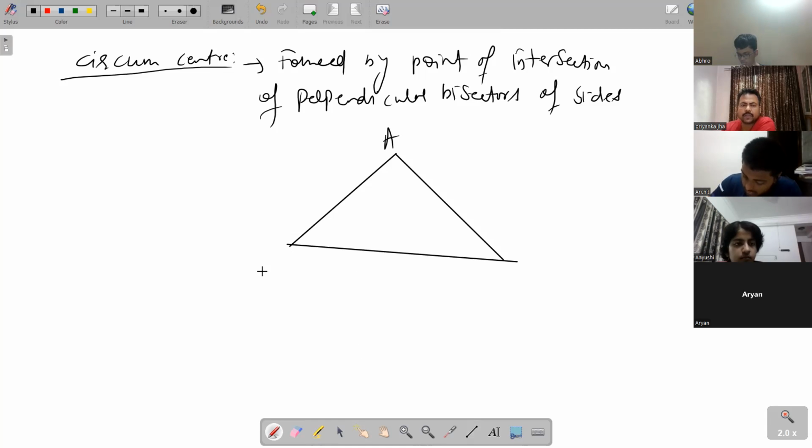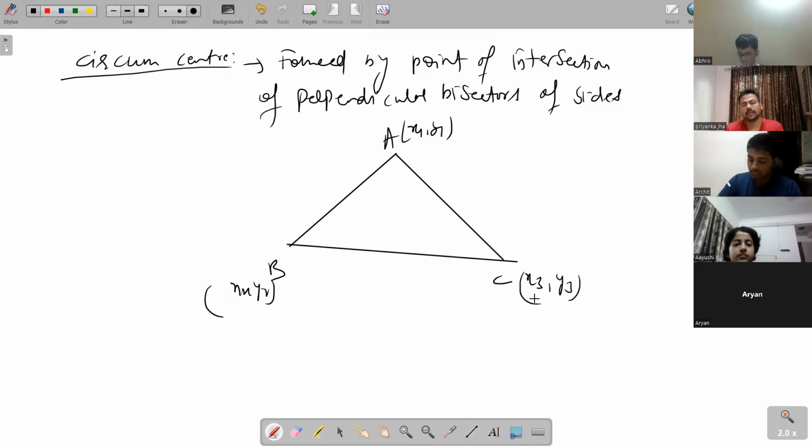See, this is A, this is B, this is C. And the coordinate of ABC is given, suppose x1, y1, x2, y2, x3, y3. See, circumcenter is formed by perpendicular bisector of sides. Means a bisector of sides means a line that will bisect this side, and that should be perpendicular as well, like this.